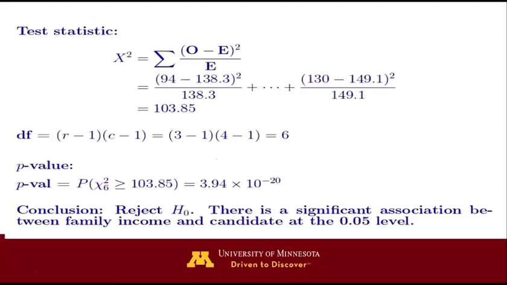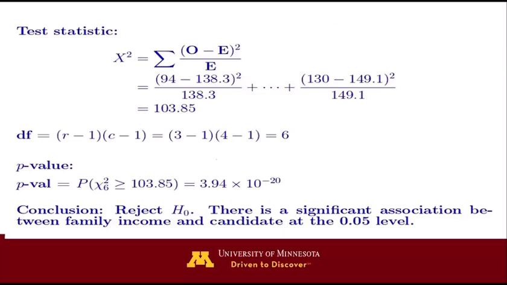So right now, the p-value is less than 0.05, so in your conclusion you're going to reject H naught. And your conclusion now is that there is a significant association between family income and the candidate at the 0.05 level. And that's going to be the end of the test.